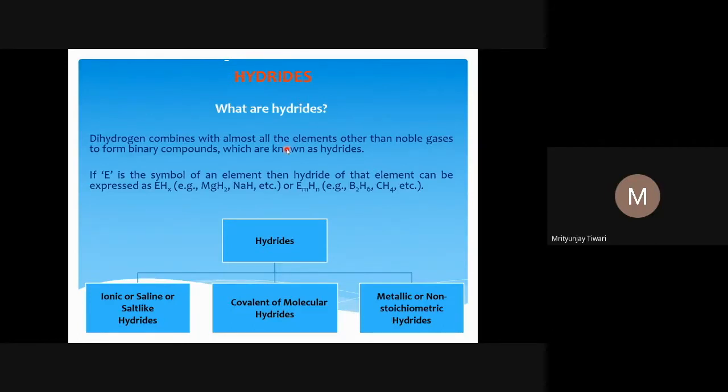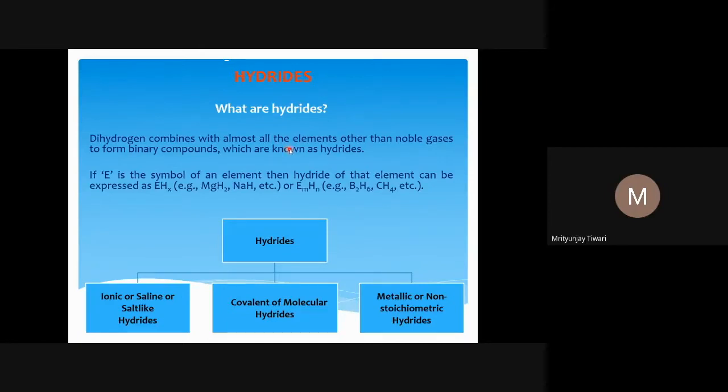If I say H minus, it means it will form a compound only with metals, even those metals which are highly electropositive and more electropositive than H plus. We have just seen that the electropositivity of copper is less than that of hydrogen. So highly electropositive metals can form H minus ions when they react with dihydrogen.